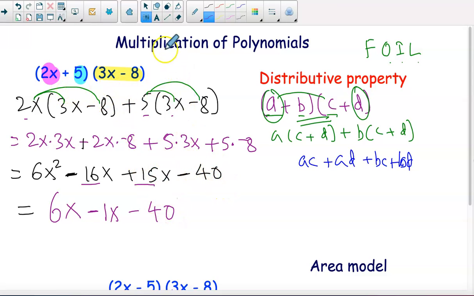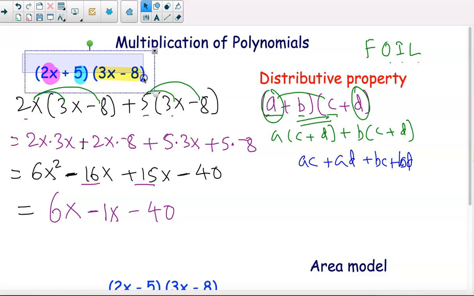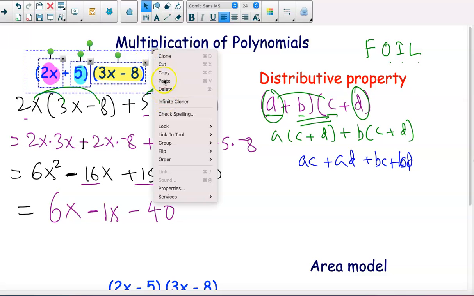Okay. So for some reason, if this didn't click for you, let me show the same thing using the area model. Okay.